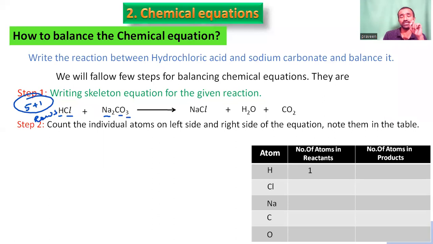HCl also contains 1 chlorine, subscript 1. Next Na2CO3: Na2, C1, O3. Completed, not repeated. If they repeated, you could combine them together.